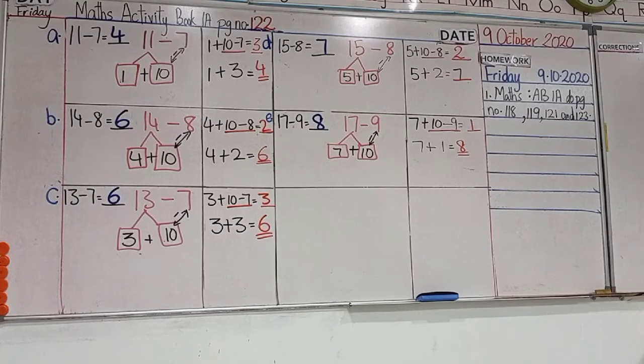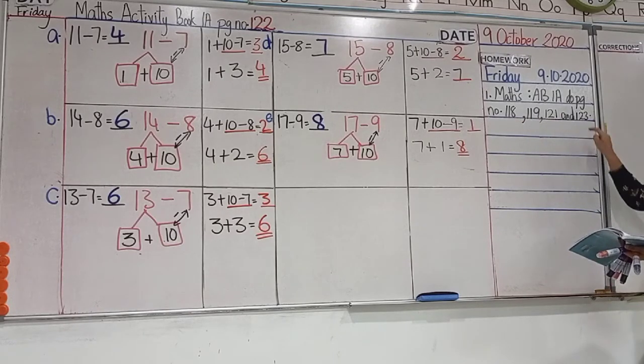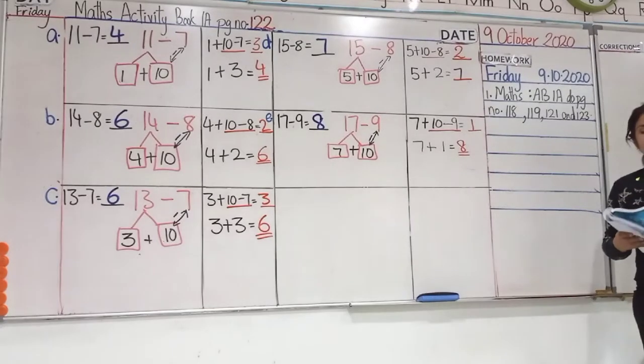Have you all copied your diary for homework? Yes. Did you all write the date and the day? Yes. On the page number 118, 119, 121 and 123. These 4 pages are very simple. You just need to fill in one box. It is about subtraction. Please open up page number 118. You need to only write HW.